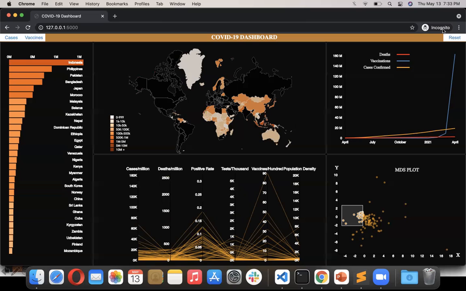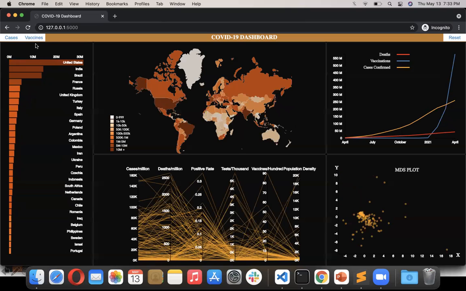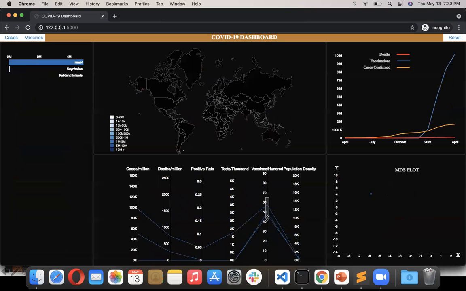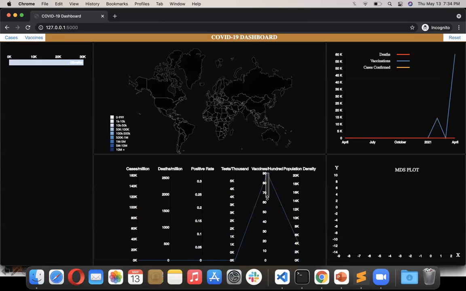And now let's compare vaccinations. As you might have heard from the news, Israel is the first country to reach herd immunity by having 60% vaccination. So if you can see, Israel is the only country that had 60% vaccinations. And there's a surprising anomaly outlier here.